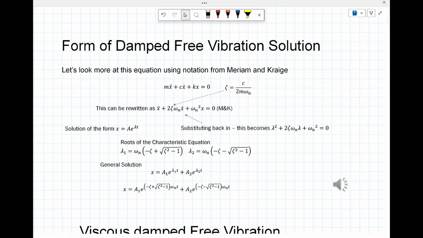Substitute it in, calculate, and get a general solution, or roots of an equation that look like omega n times minus zeta plus square root of zeta squared minus 1, and omega n times minus zeta minus square root of zeta squared minus 1. In both of these cases, again, you are not necessarily looking at the physical solution.